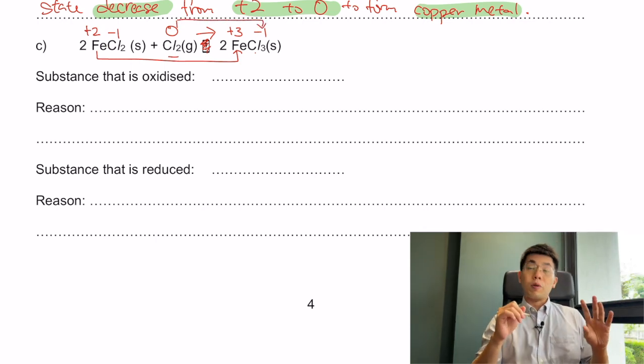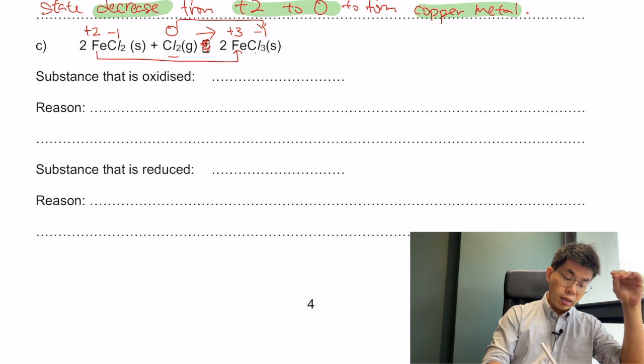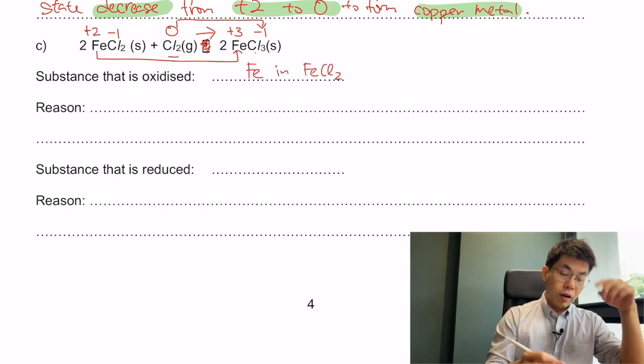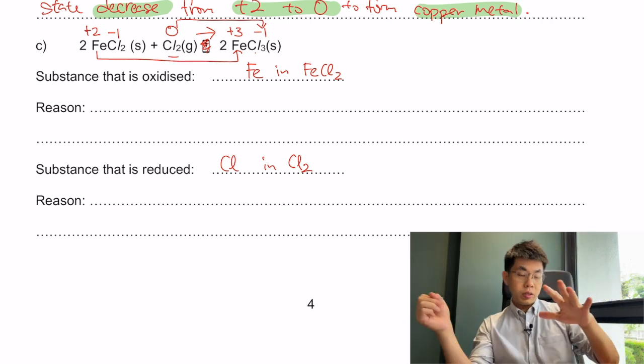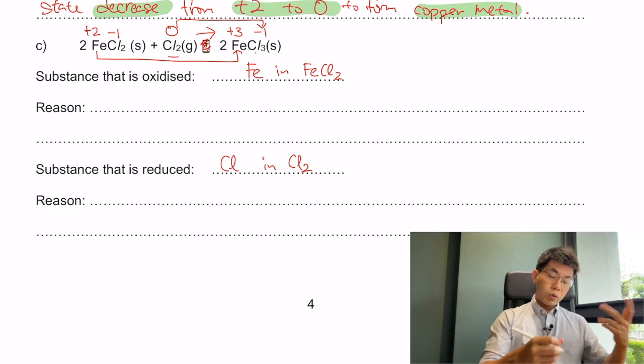So that's why we need to write it properly. The substance that's oxidized is actually the Fe in FeCl2. And the one that's being reduced is the chlorine, Cl, in the chlorine gas, Cl2, not the chlorine in the FeCl2. So how do we write this?